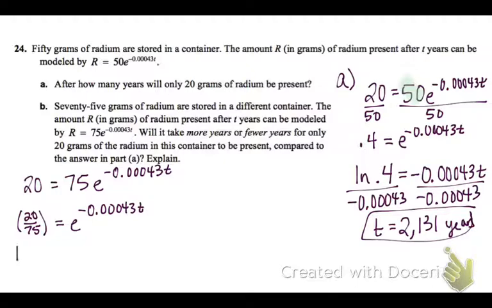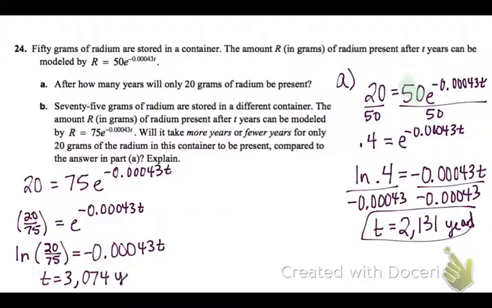Change it to log form, so I have ln of 20 over 75 equals negative 0.00043t. Then divide both sides by your negative decimal there. We get t equals 3,074 years. So this one is actually more.